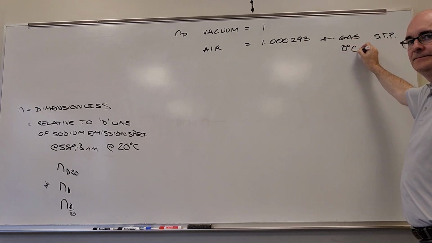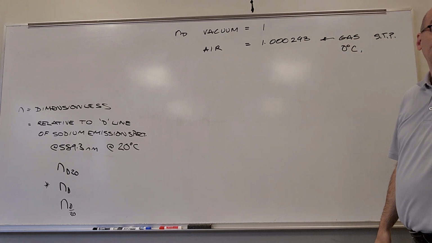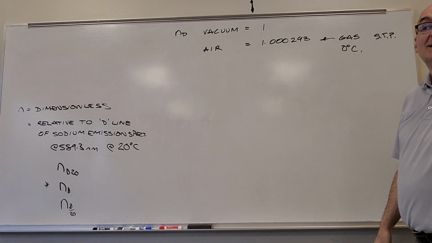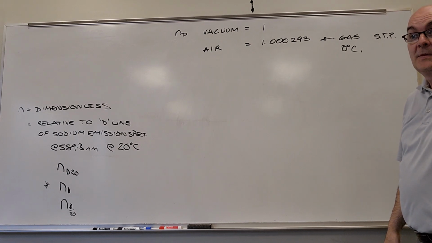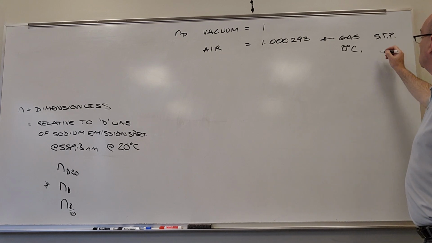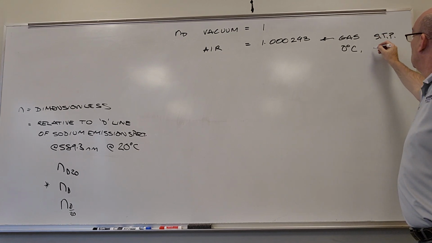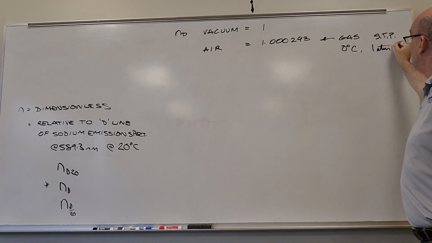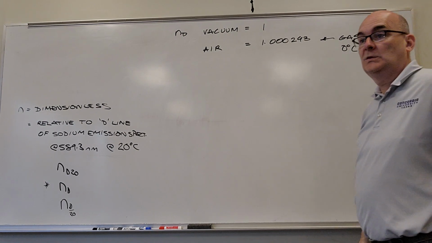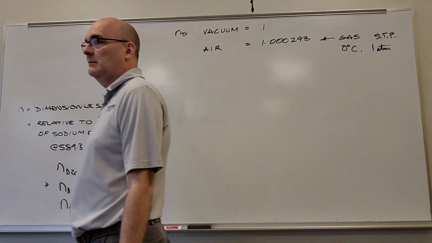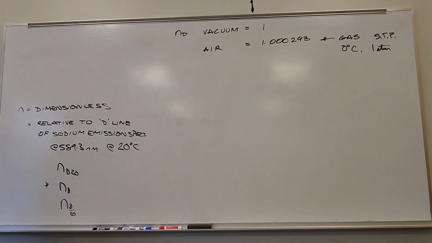Oh, right. Standards are all over the place. The standard temperature for a gas is 0 degrees Celsius and 1 atmosphere, which is 101,300 whatever it is pascals. 1 atmosphere.